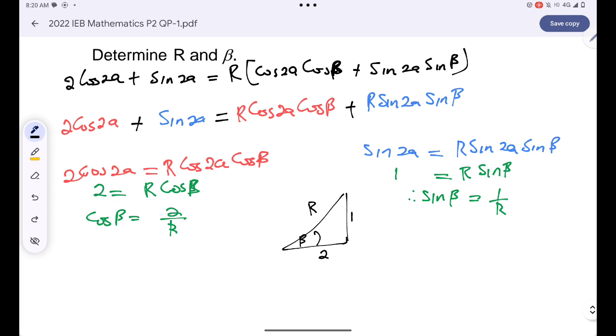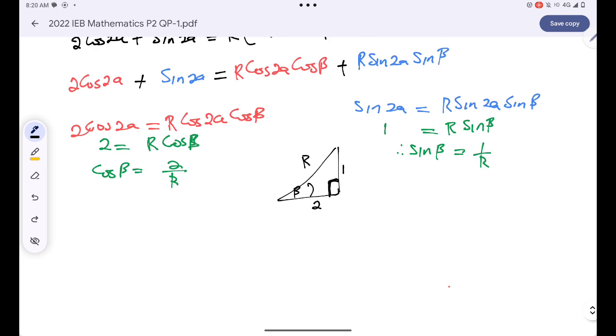So in this triangle, I have the opposite side and the adjacent side. I can therefore find the angle and also find the value of r over there. R is the hypotenuse. How can I find r? R squared is equal to 2 squared plus 1 squared. R squared is equal to 5. Therefore, r is the square root of 5.